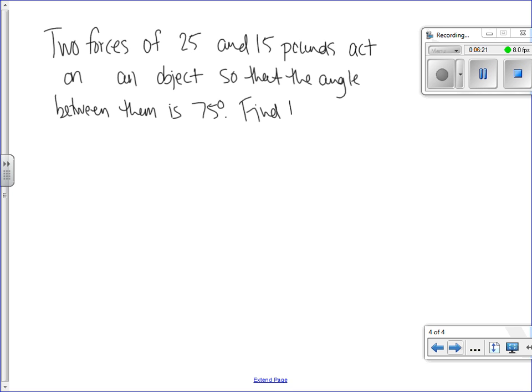Find the magnitude of the resultant to the nearest pound.